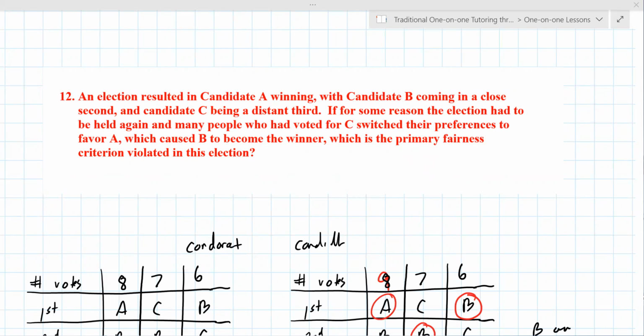Okay, Borda count: if a choice has a majority of first place votes, that choice would be the winner. Did you at all hear about a spoiler effect? No. Okay.